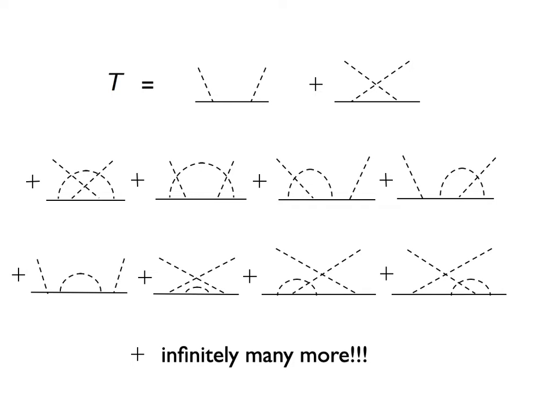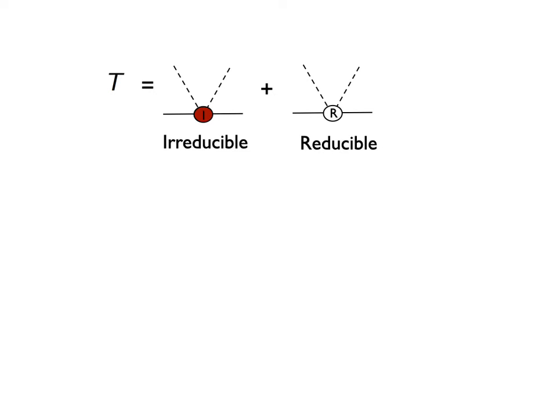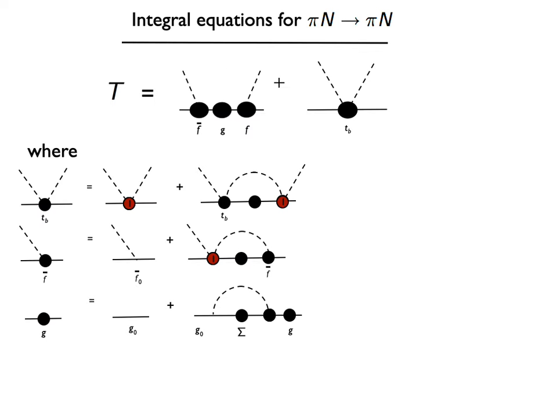Some order can be introduced to this infinite rabble of diagrams by dividing them up into two groups called reducible and irreducible, which are of interest because it turns out that if you know what the sum of all the irreducible terms is, you can shove them into this set of integral equations and calculate the sum of all the other diagrams. Predictably though, there's no known way of actually getting the sum of all the irreducibles, and so this group has to be approximated if these equations are to be of any practical use.